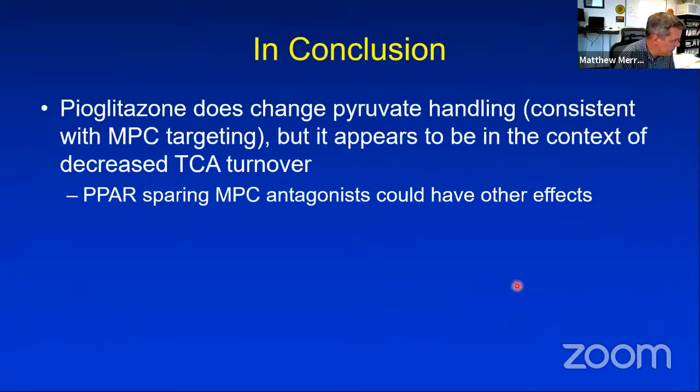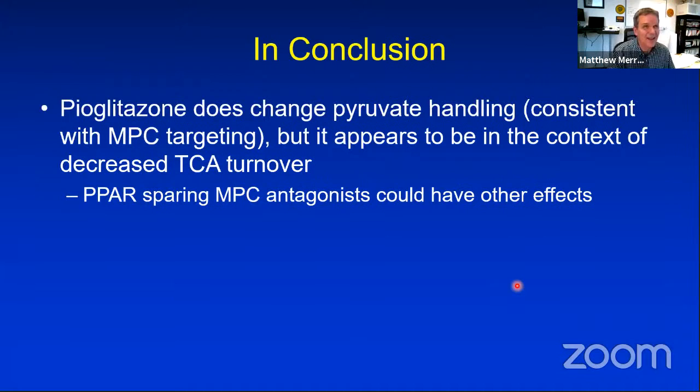So in conclusion, pioglitazone does indeed change pyruvate handling, consistent with MPC targeting, because if you can't get it into the mitochondria, then you can't get pyruvate carboxylase flux, you can't get PDH flux. But it appears to be primarily in the context of decreased TCA cycle turnover.